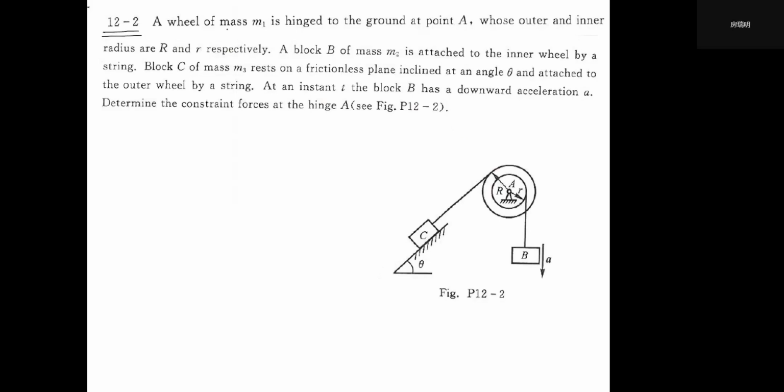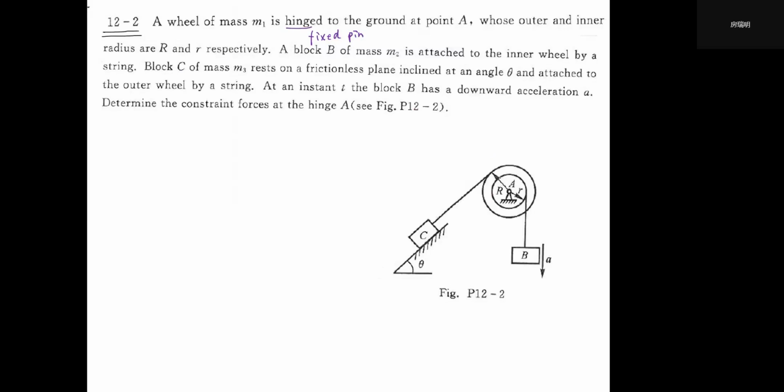We have a wheel of mass m1 hinged to the ground at a point A. We have a fixed hinge here, or fixed pin. So hinge maybe is a fixed pin, whose outer and inner radius are capital R and little r respectively.